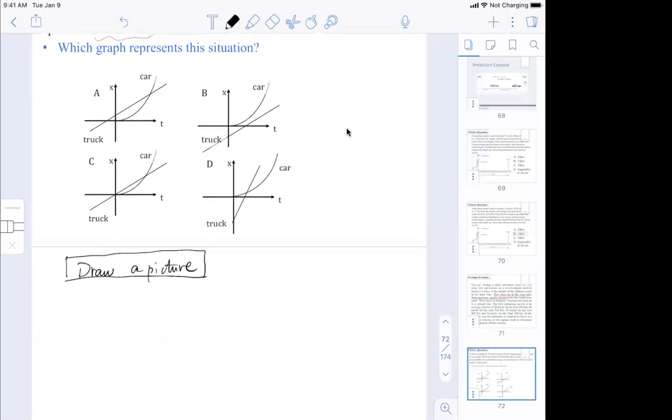Here we have a car that's parked at a traffic light. This is the location of your car. And a truck is 100 meters behind the car right now.